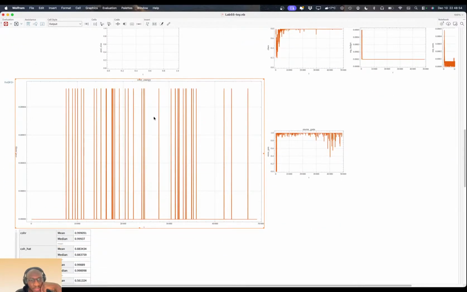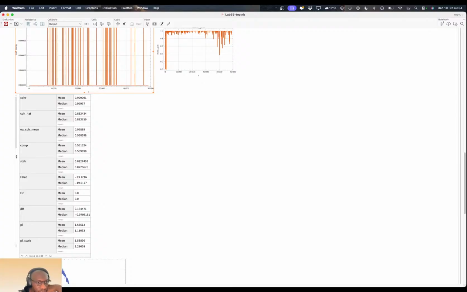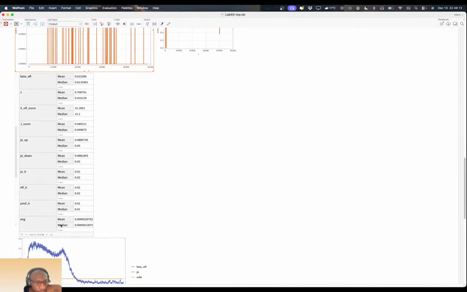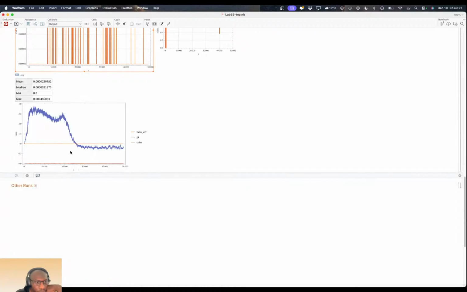It overshoots a lot of the time, many steps. I don't know why I don't have energy here. Let's look at these. Yeah, so the mean of this energy is 0.000002. The minimum, it goes to zero sometimes. Energy goes to zero and then bounces back.